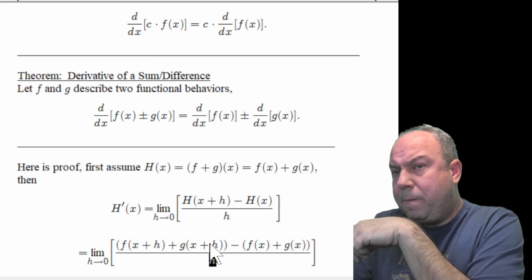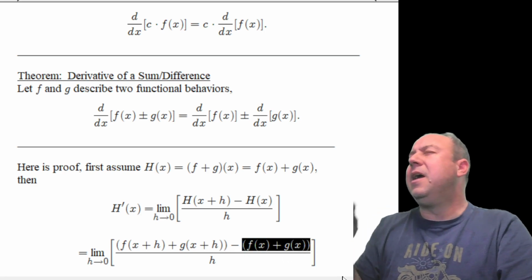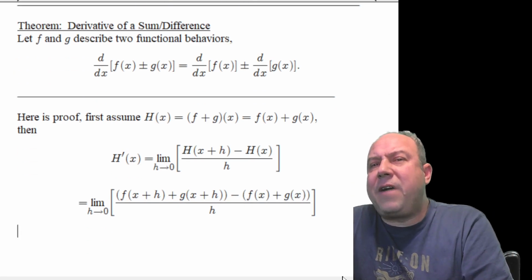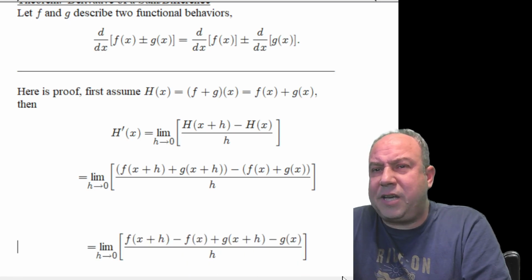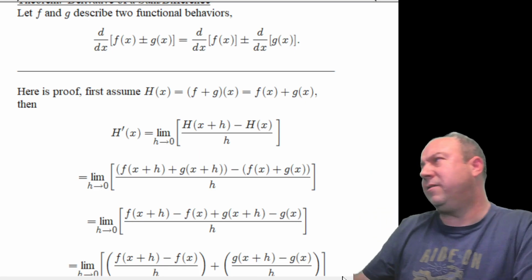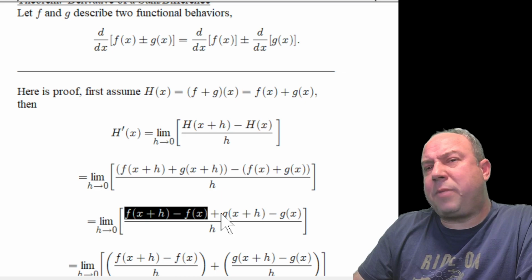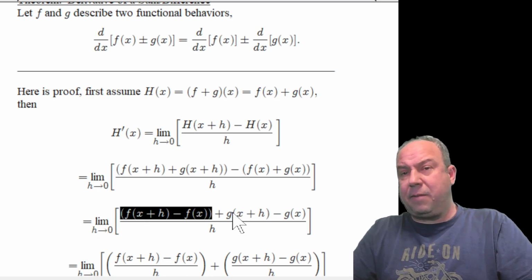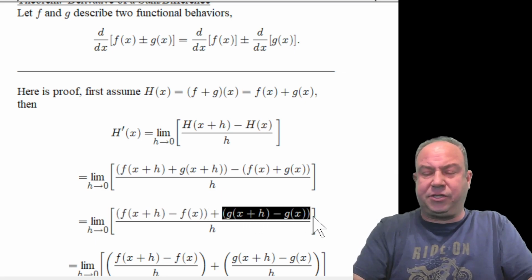Where now, if I distribute this negative across these two terms in this quantity, I'll have minus f of x and minus g of x. If I then regroup the minus f and the minus g behind f of x plus h and g of x plus h respectively, I'll end up forming f of x plus h minus f of x for this first grouping. And I'd be able to add it to this second grouping of g of x plus h minus g of x.